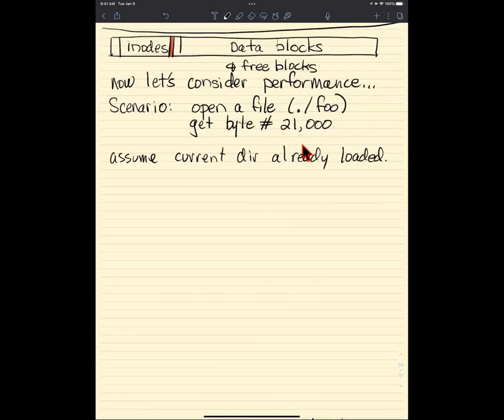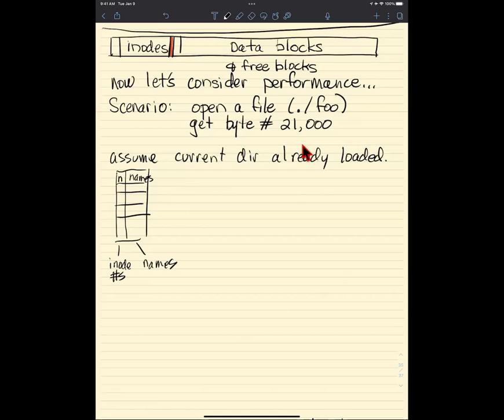Okay. So the directory is a table of names and numbers. This column, as you recall, are inode numbers. And this is names.